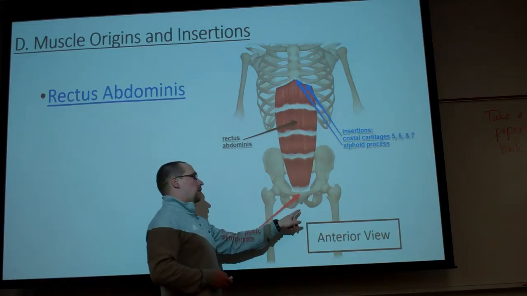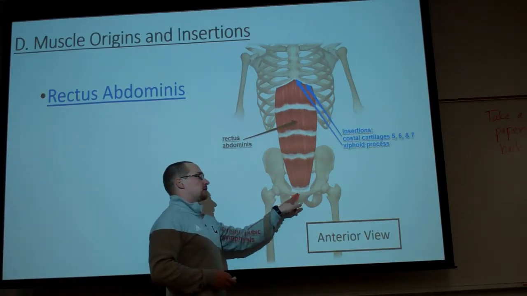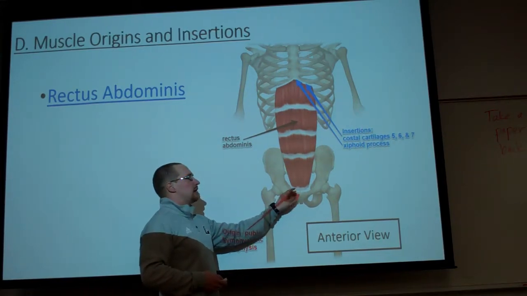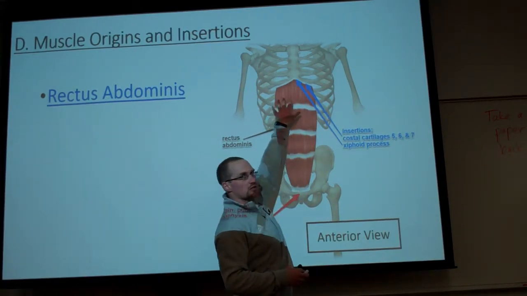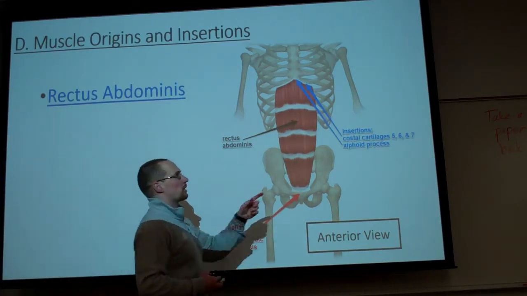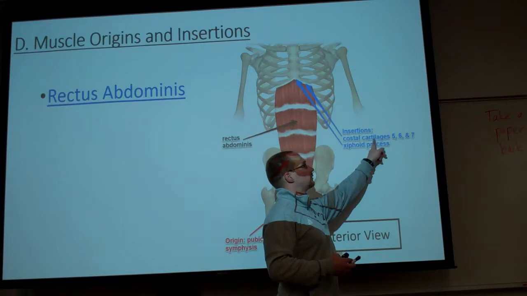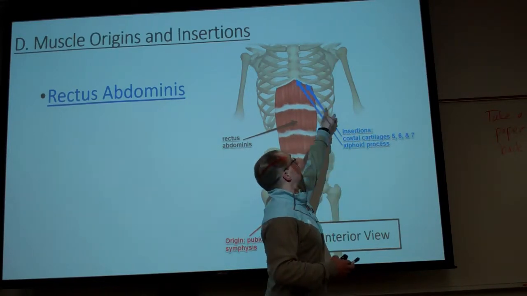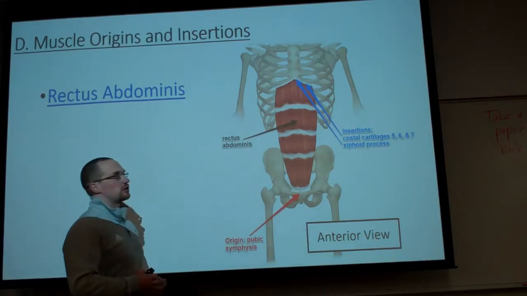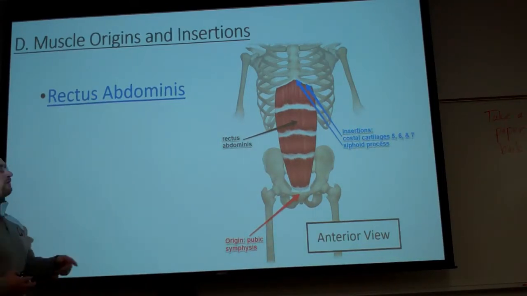It starts down at the pubic symphysis, right down here, originates, comes all the way up and inserts at costal cartilages 5, 6, and 7. Remember, costal, meaning rib, cartilage. So the rib cartilage right here, that's where it inserts, as well as the xiphoid process up here.